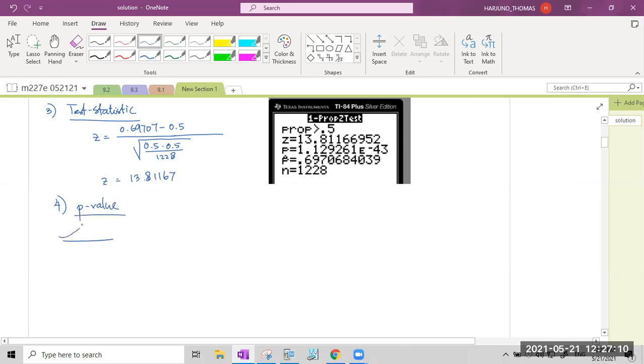that's a right tail. Okay, 13.81167. The P value is normal CDF, 13.81167 to E99, 0.1.